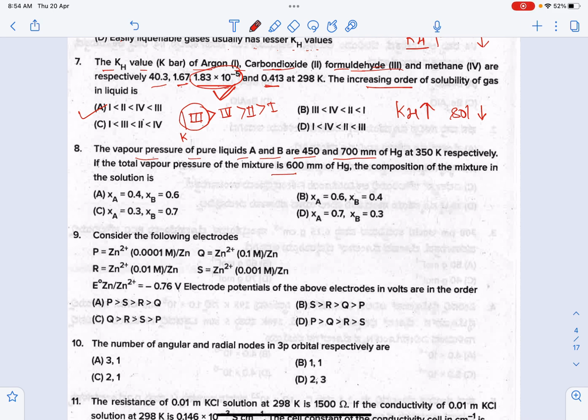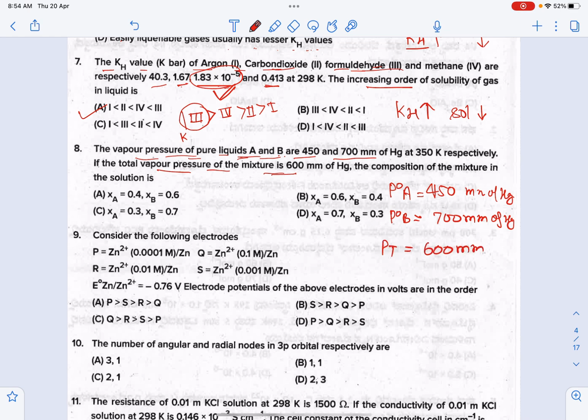In the question it is given that vapor pressure of pure liquid A is shown by P0 A, and it is equal to 450 mm of Hg. Now for pure liquid B, it is given 700 mm of Hg. Also given is the total vapor pressure of mixture, that is PT, equal to 600 mm of Hg.